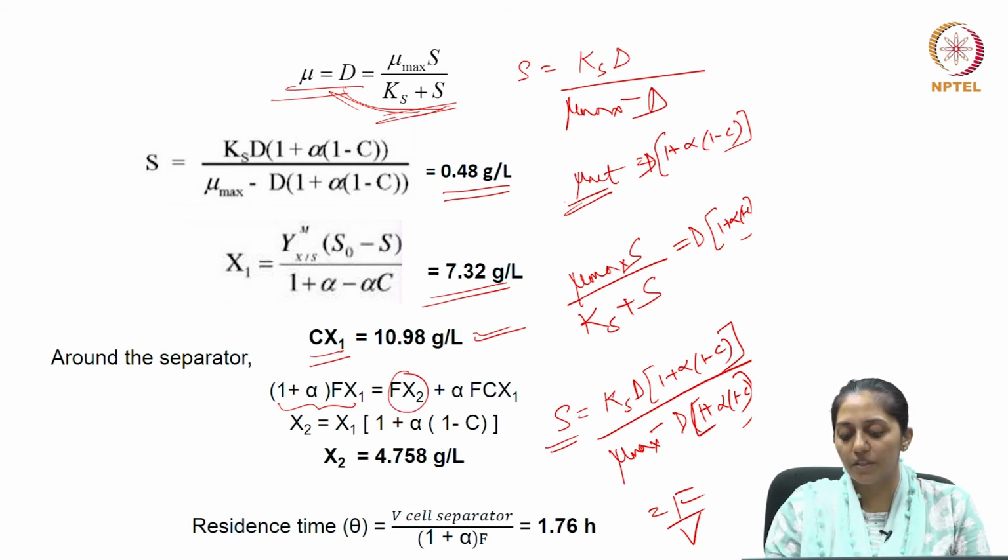Fx2 is the rate at which the biomass is leaving the separator for harvest, and alpha F into Cx1 is the rate at which biomass is coming back inside the reactor as a recycle stream. So with this equality in place, we have determined x1, we know F, we know C, we know alpha. We can now determine the value of x2, which is the biomass concentration leaving the cell separating device.